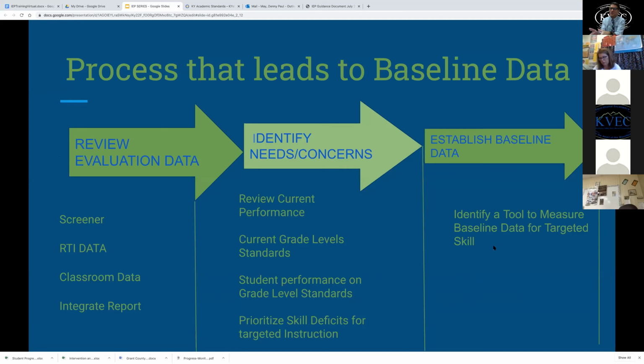We can't change the tool though, and the tool must be embedded in the goal. It can't just be direct measures. It has to be a specific tool that's going to measure these activities. It's going to measure that verb. And that verb that you put in that goal is going to be measurable.